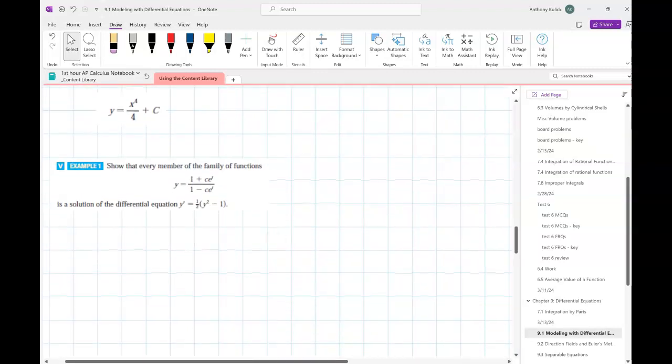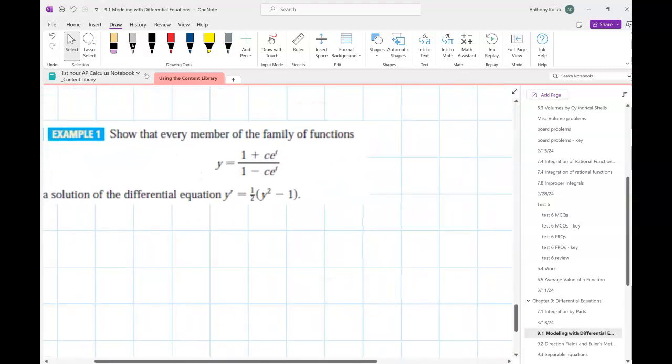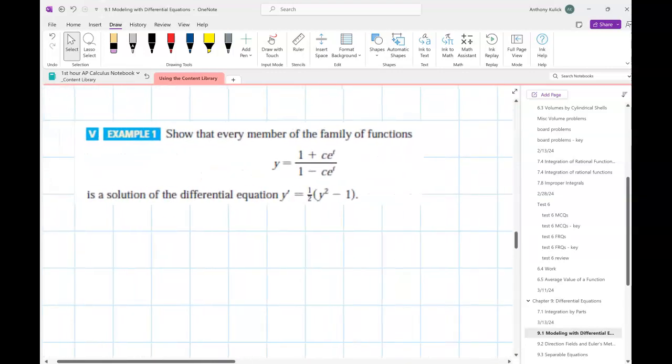Let's look at an example that's a little bit complicated to reinforce this idea of showing that something is a solution. It says, show that every member of the family of functions y equals yada, yada, yada is a solution to y prime equals 1/2 y squared minus 1.